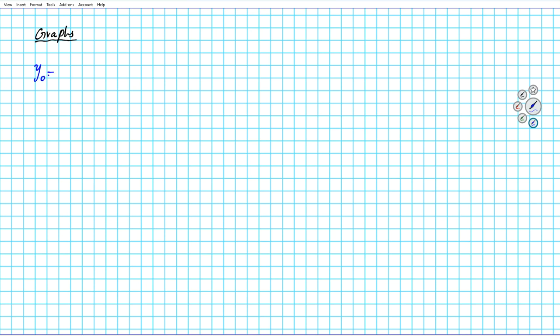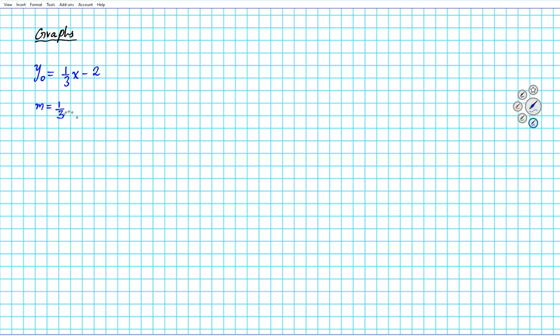That's 1/3 x minus 2. So to graph, we need the slope and the y-intercept. In this particular case, the slope m is the coefficient of x, so m is going to be 1/3.